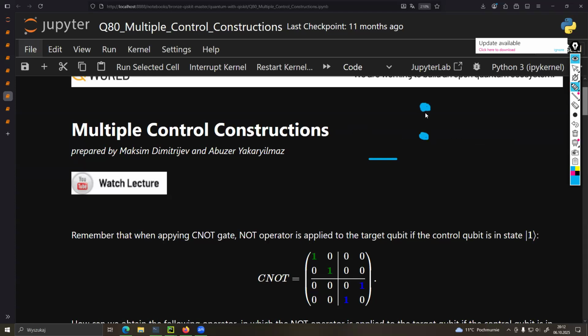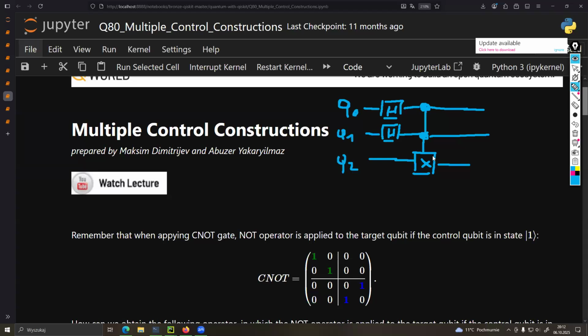What you will see in the other notebooks is this notation. So now we could do, for example, this. Now this is Q0, Q1, Q2. This is our quantum register. And now I have something else further down the line.